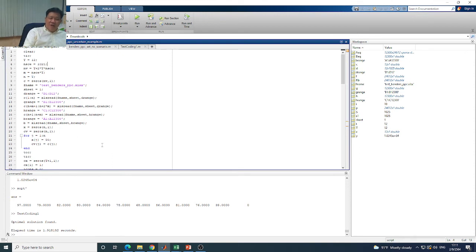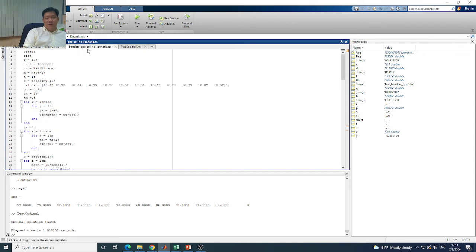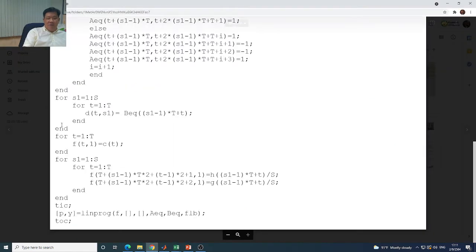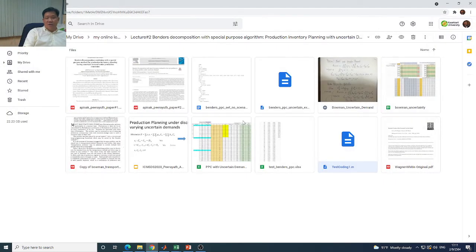Can we rework the same problem and set it up so that you can have any period? T can be any value and the number of scenarios can be any value. I did that with the program called Bender PPC set number of scenario here, and you can find this program in the lecture 2 folder too.